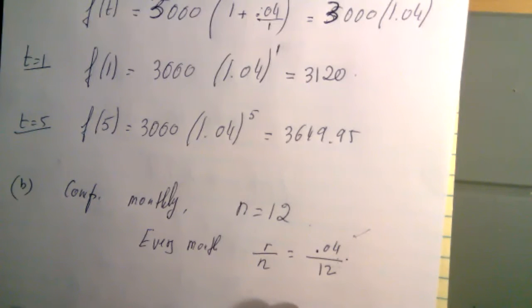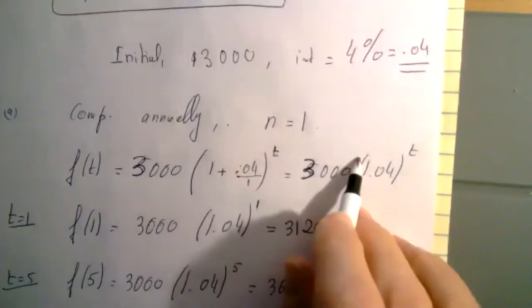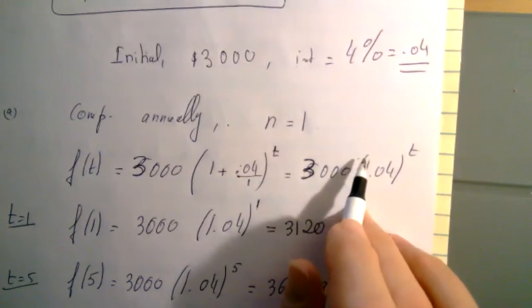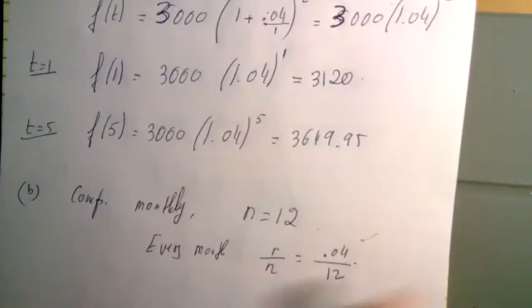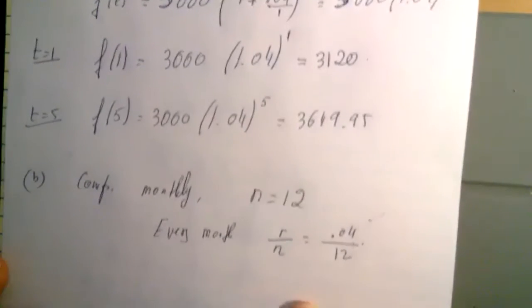After 2 months, you've accumulated money, so they give you interest not only on the initial amount but also on the interest. On top of it, you can withdraw your money after 2 months and you don't lose the interest. In the annual case, you can withdraw your money only at the end of the year. In the monthly case, you can withdraw your money after every month and you don't lose any interest.